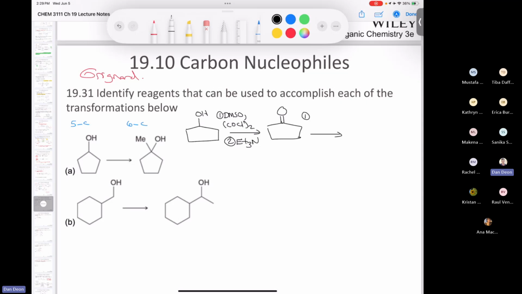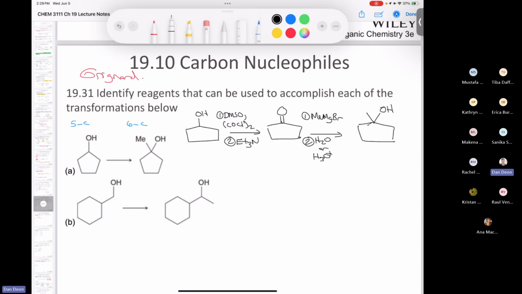So the first step is going to be methyl magnesium bromide, or you could have put methyl magnesium chloride. That's totally fine. And then in the second step, you can put H2O, or you could put hydronium, H3O plus. Either one is acceptable, and you end up with what? A tertiary alcohol. So you end up with the final product like that. The next one is virtually the same problem. You could use the exact same conditions again.